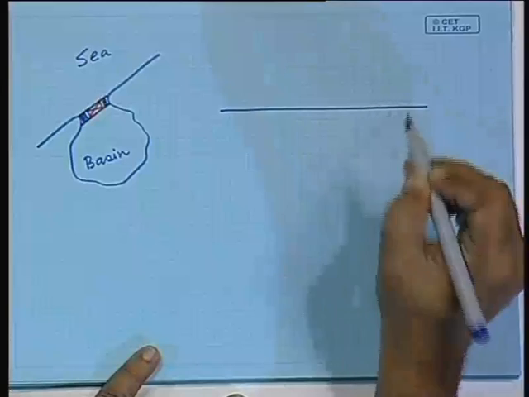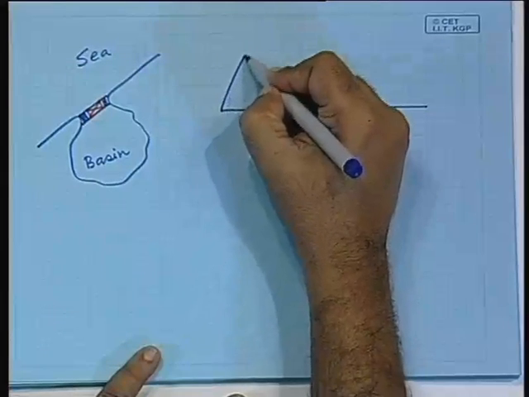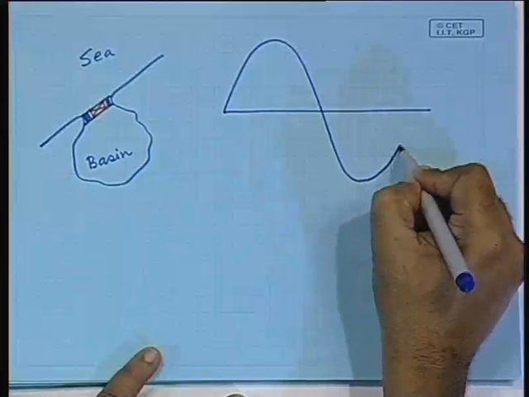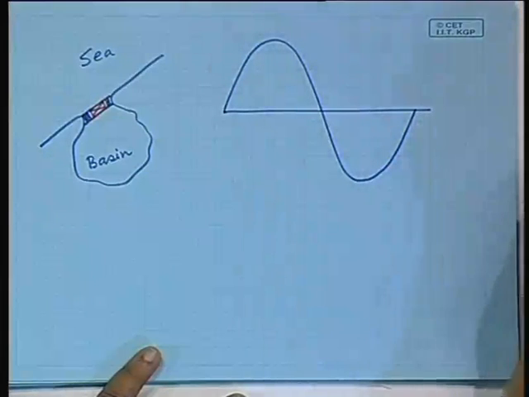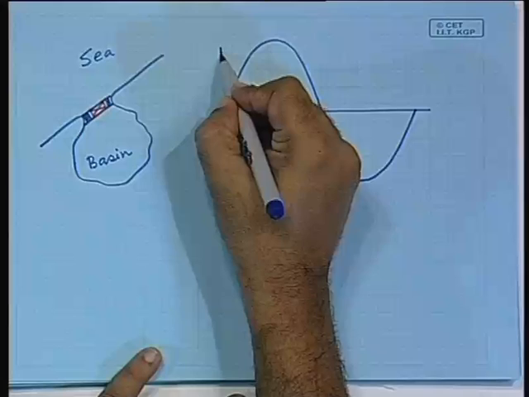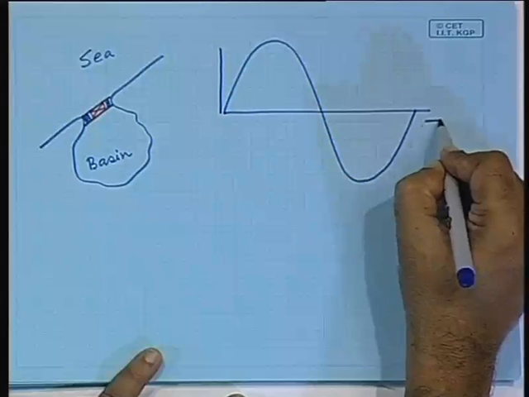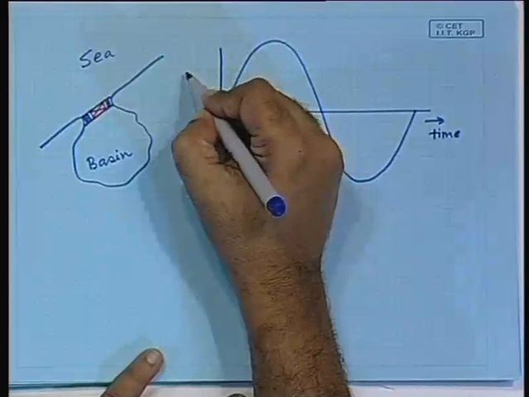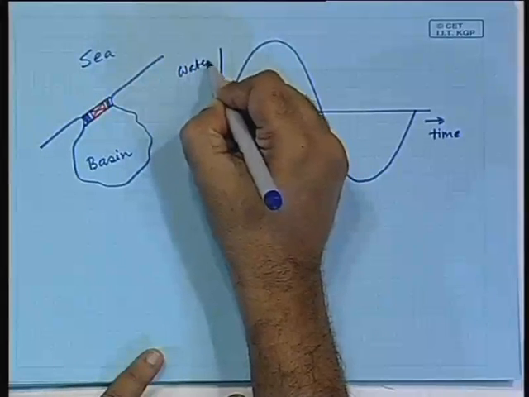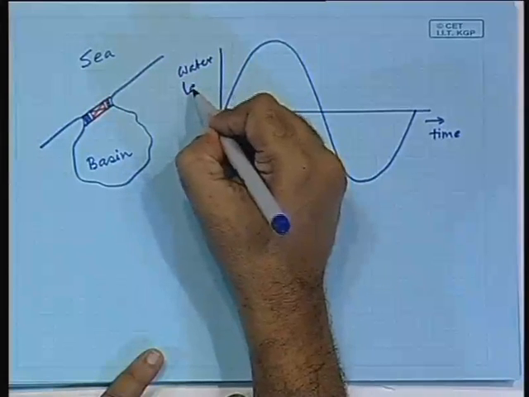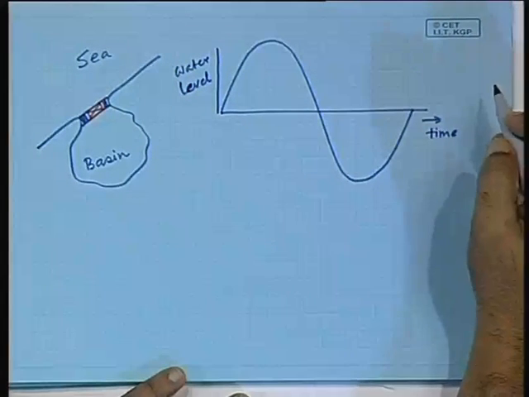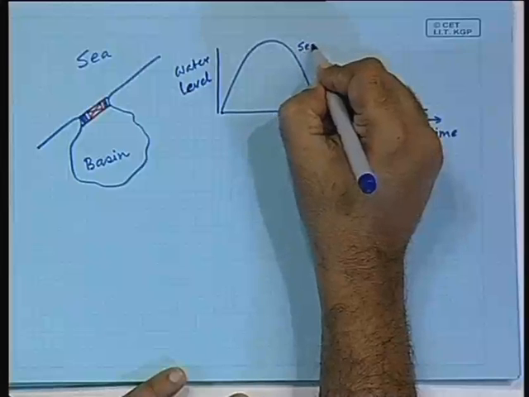So, we can draw that. The axes are, on this side it is time, and this is the water level. So, here we are drawing the sea water level.